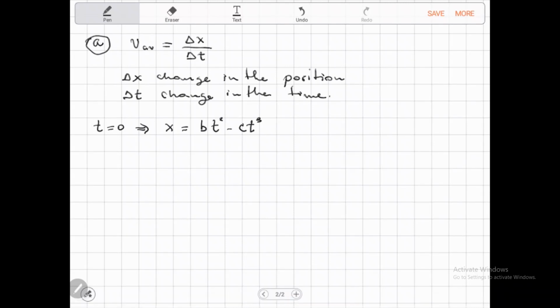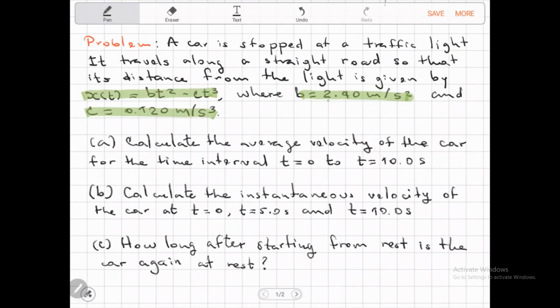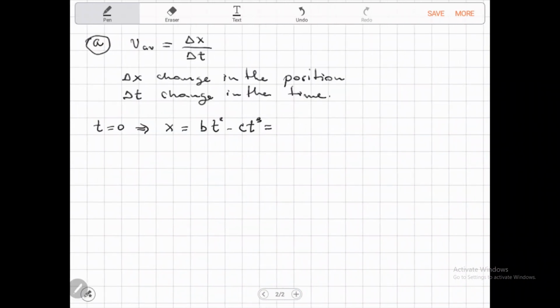So we replace every number here. For example, b is 2.40 meters per second squared, multiplying the time. But the time is 0 on this occasion because we are evaluating the position when t is equal to 0.